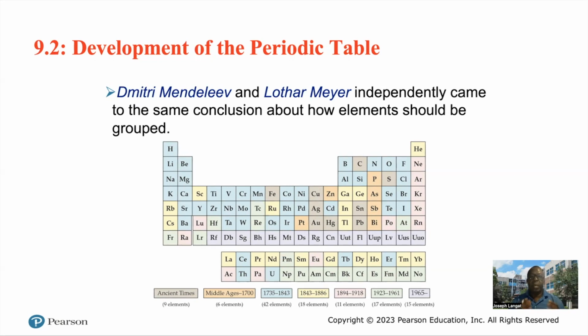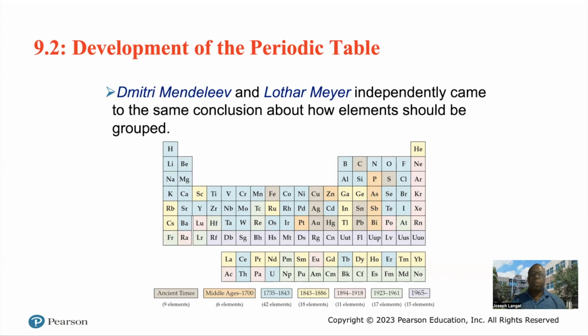But as more elements were discovered, there was a need to organize the periodic table the way it is. Around the mid 17th century, a lot of elements were discovered, around 42 of them, and more were being discovered, so there was a need to organize the periodic table.